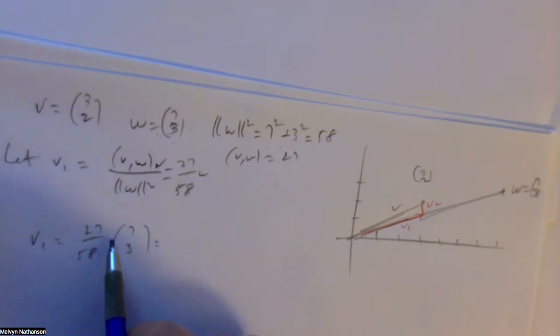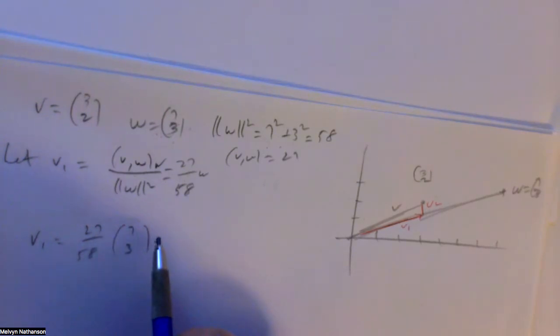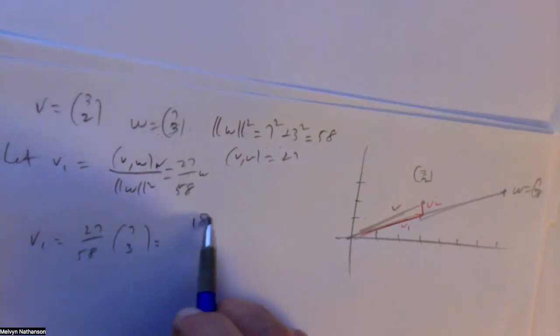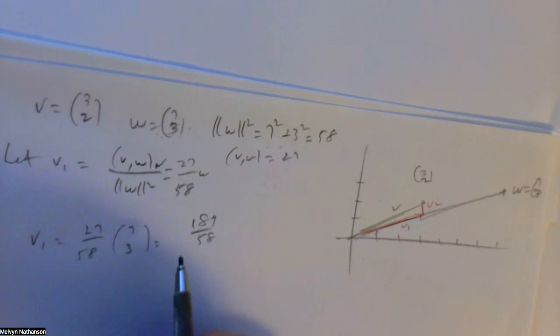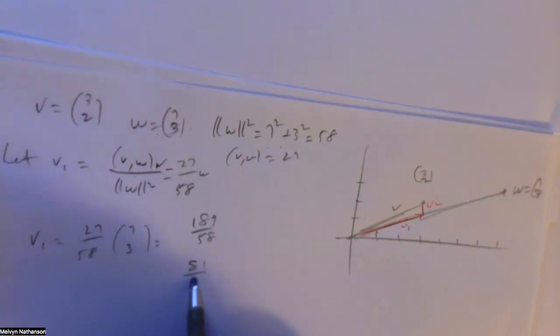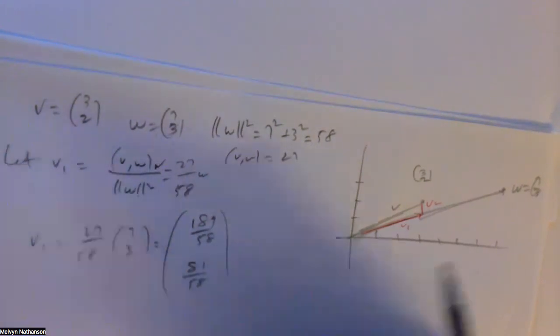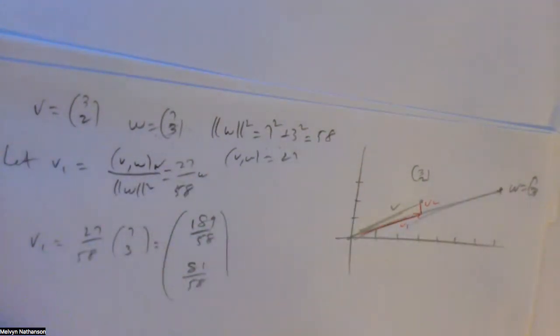So if you work that out, 7 times 27 is 189 over 58. That's the first coordinate. Second coordinate is 81 over 58. That's the vector v1.